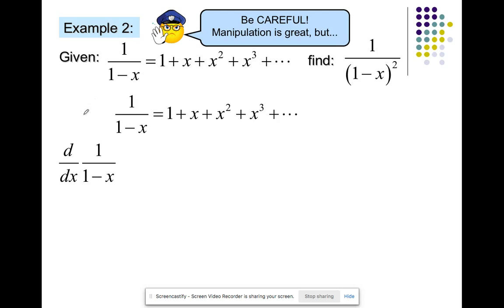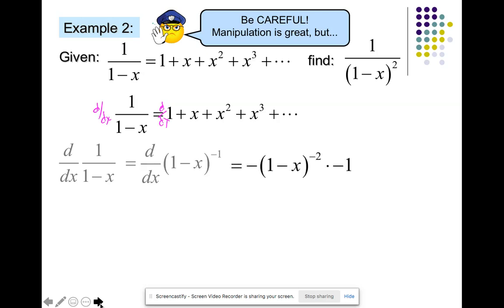I can't square both sides because this is an infinite polynomial, but I can take the derivative of both sides, because taking the derivative of a sum is just taking each separate derivative. So if I take the derivative of the left, you see what happens? Oh my gosh.